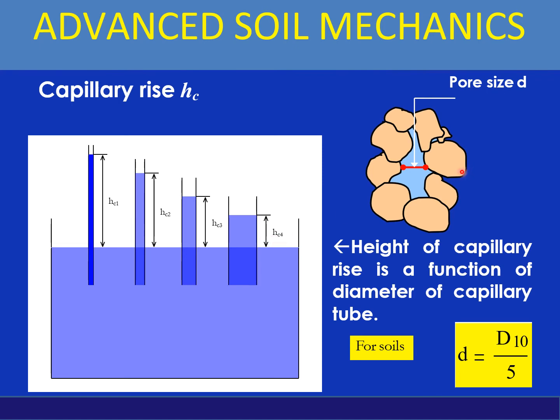In the soil we have interconnected voids or pores. Height of capillary rise is a function of the diameter of the capillary tube, and for soils you can take d10 over 5, where d10 is the effective size of the soil, or the diameter corresponding to which 10% of soil particles are finer.